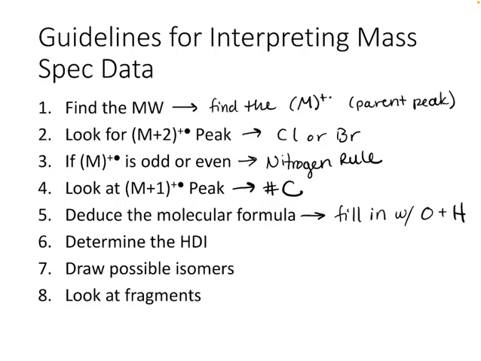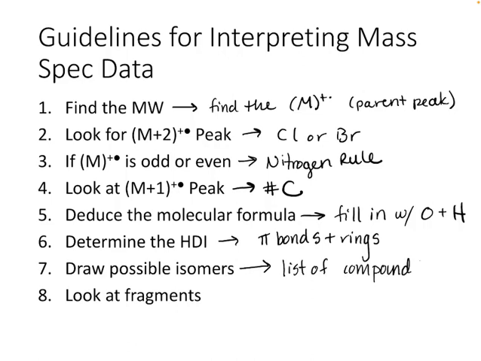Then you want to determine the hydrogen deficiency index, and that will tell you how many pi bonds and rings you have. Then draw the possible constitutional isomers. So you're going to make a list of possible compounds. And then you can look at the fragments and you can rule out compounds and try to narrow down which one you have.